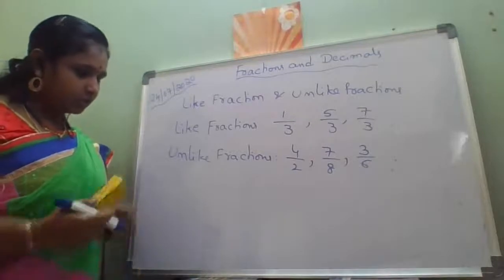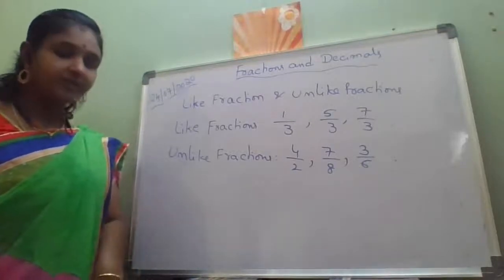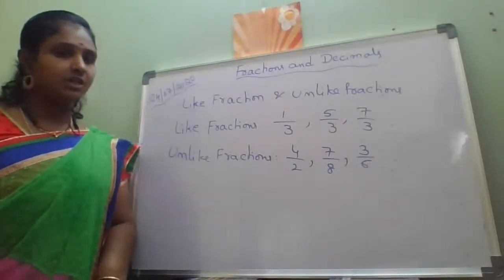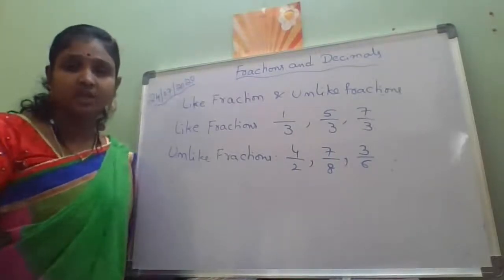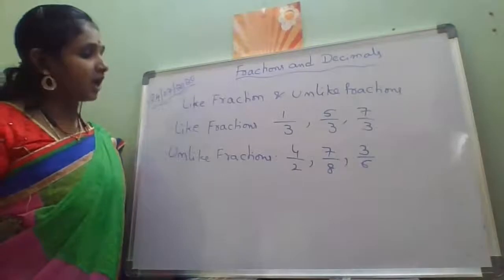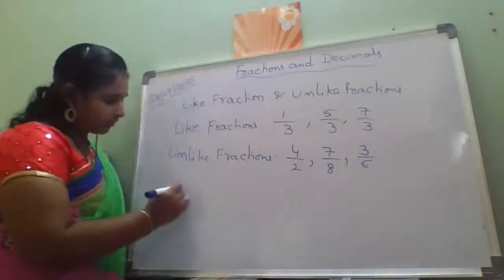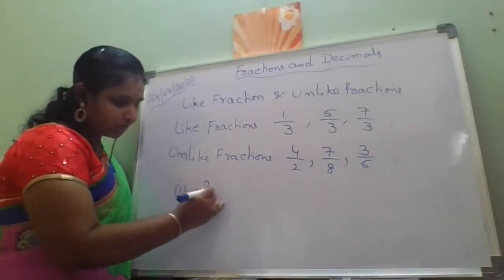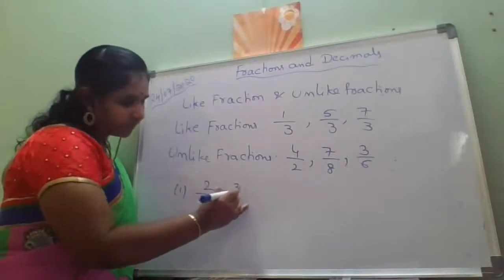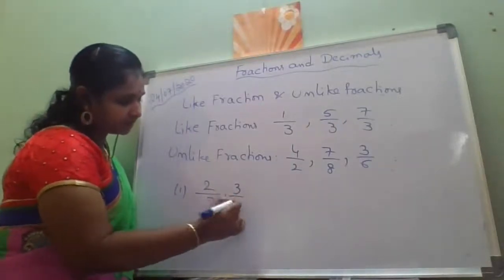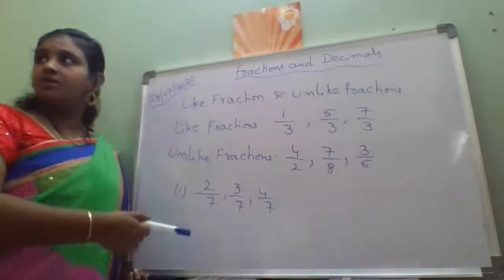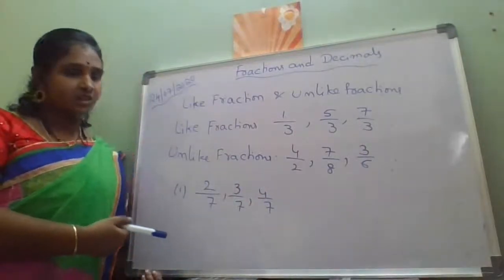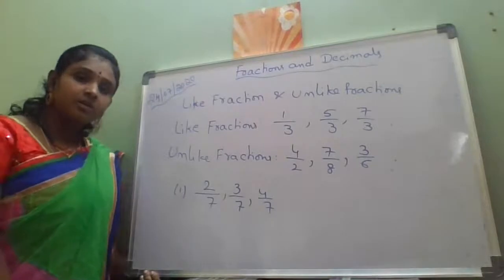Next. So I will give some set of fractions. Tell me in those fractions which one is like fraction and which one is unlike fraction. So first one: 2 by 7, 3 by 7, 4 by 7. So are these three like fractions or not?